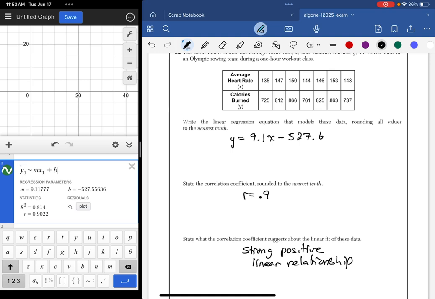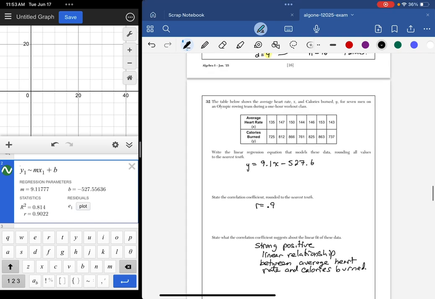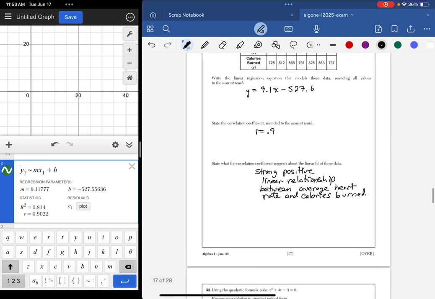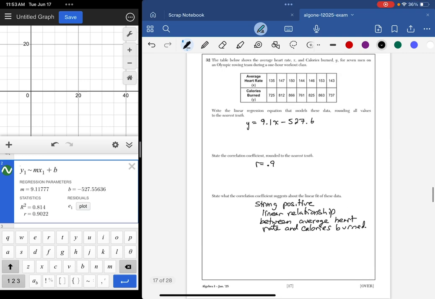Between average heart rate and calories burned. All right, so strong positive linear relationship between average heart rate and calories burned.